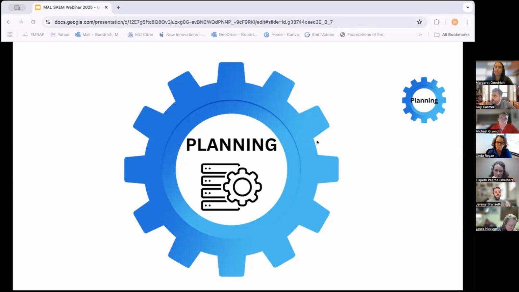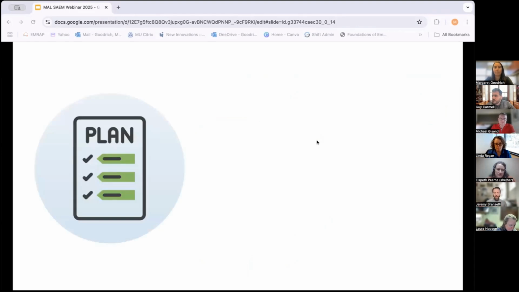But for the sake of organization, for the sake of grounding, for the sake of simplicity, we'll start with planning as the first stage. And planning holds a special position for our team here, my colleagues like Mike and Laura and Linda, because this is the area that we've spent a number of our projects investigating. Now, when you think of planning, what comes to mind initially is a well-described or a clear set of steps or directives to go through.